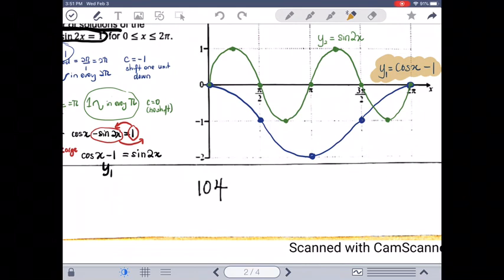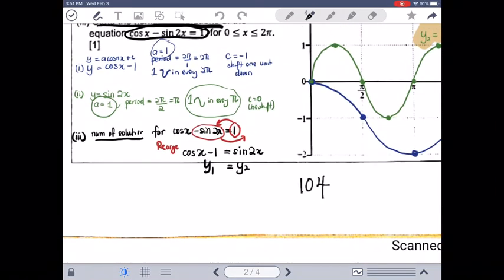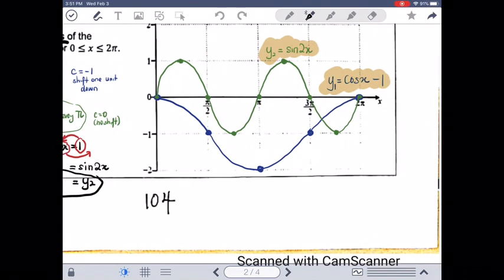and sine 2x is just y2. So what is the number of solutions when y1 equals y2? It means that in this graph, where do both graphs y1 and y2 intersect? y1 equals y2 happens at the first point here, a second point here, and the third point here.